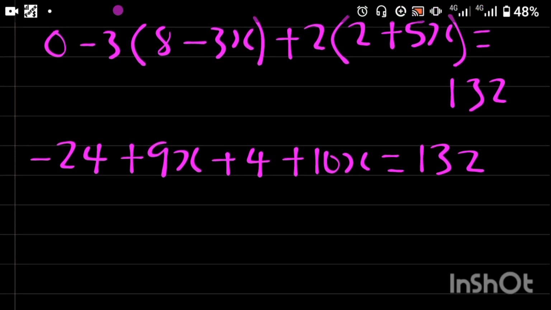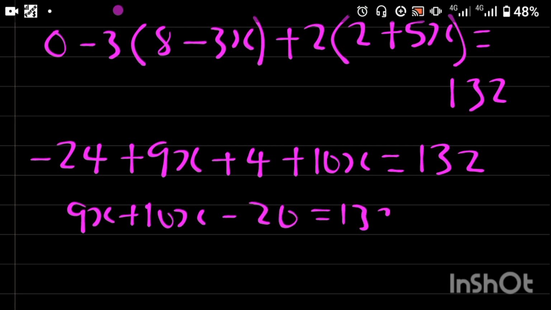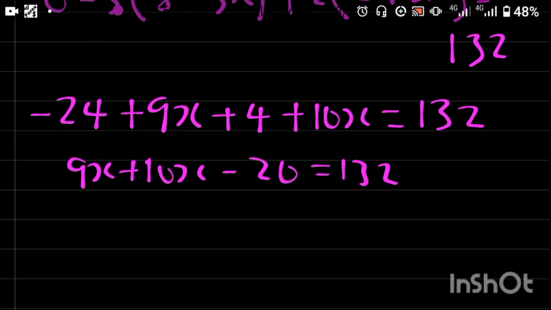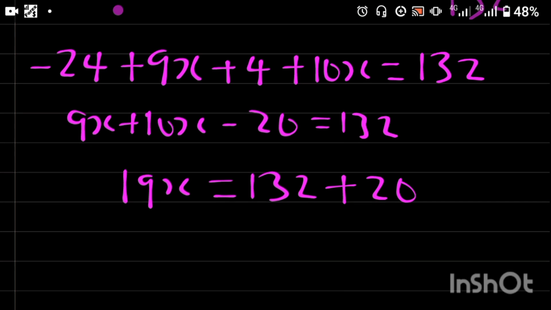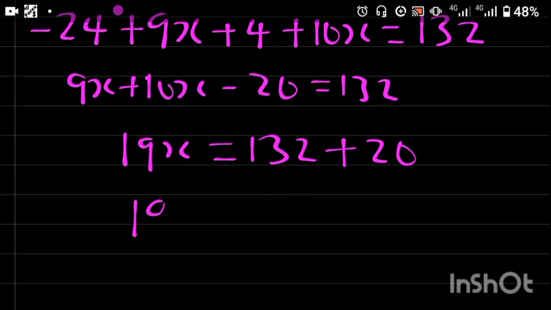Then let's collect the like terms. I have 9x plus 10x. Then minus 24 plus 4, that is minus 20, is equal to 132. 9x plus 10x, this is 19x, is equal to 132 plus 20. 19x is equal to 132 plus 20, that is 152.